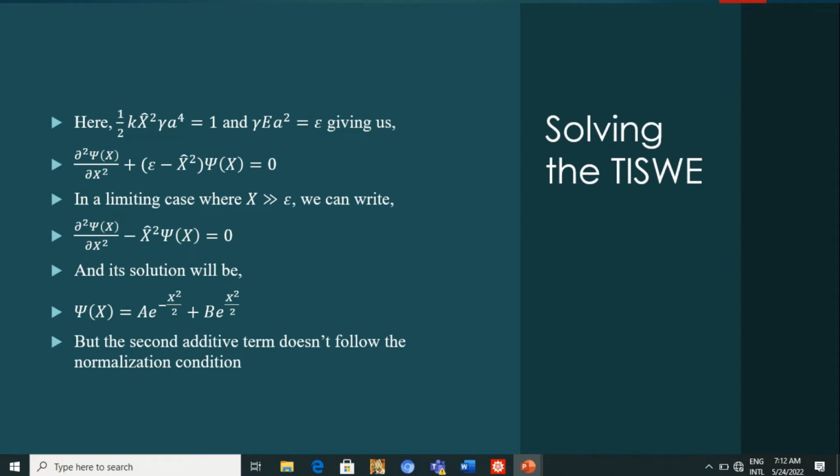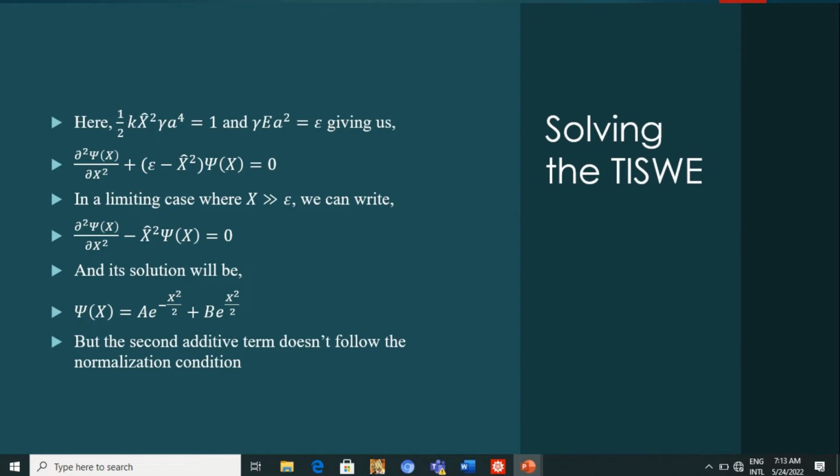Here 1 by 2 k gamma a power 4 is equal to 1, and gamma E a square is equal to epsilon. And this will give us d2 psi over dX square plus (epsilon minus X square) into psi of X.